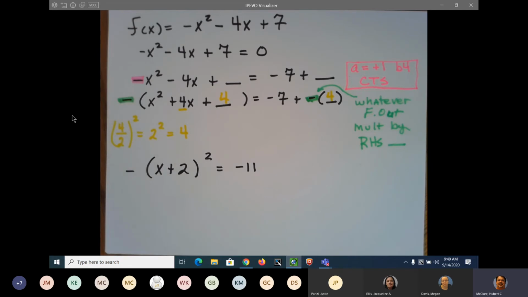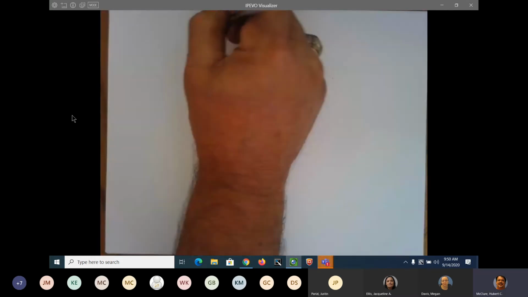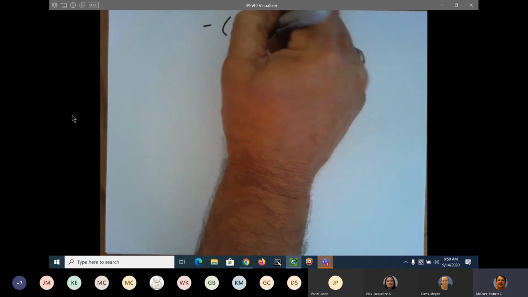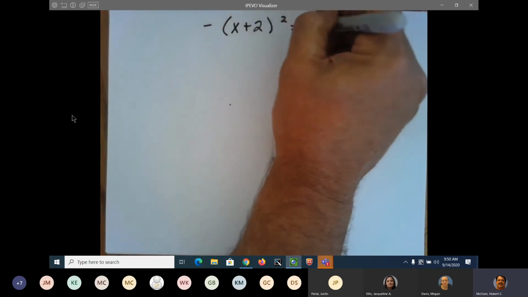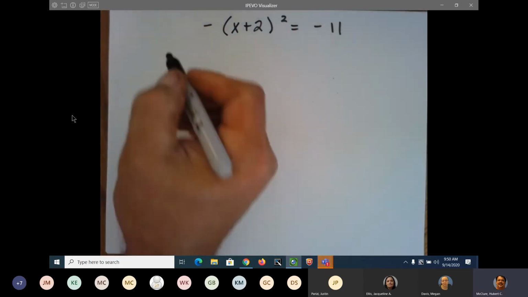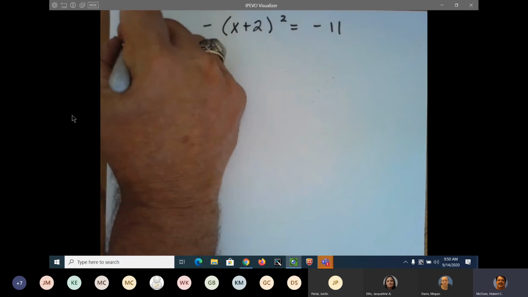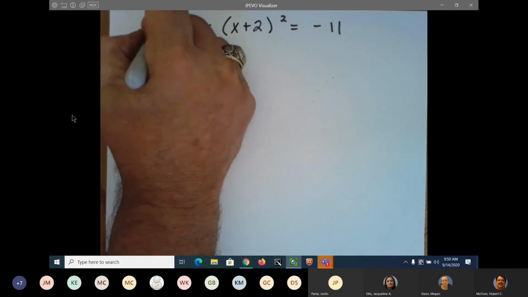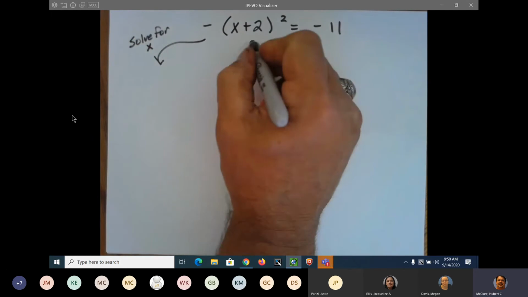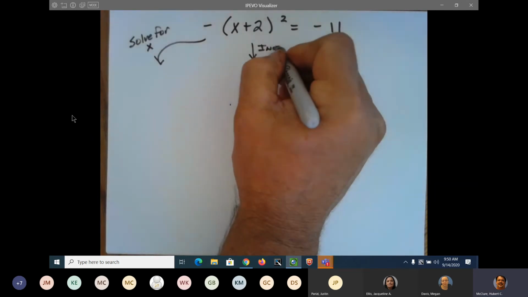Now I'm going to go over to the next page. I'm going to rewrite this one. Negative x plus 2 quantity squared equals negative 11. And I'm going to solve for x and put it in intercept form.